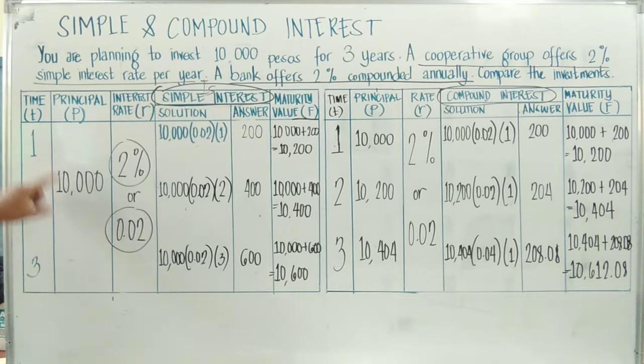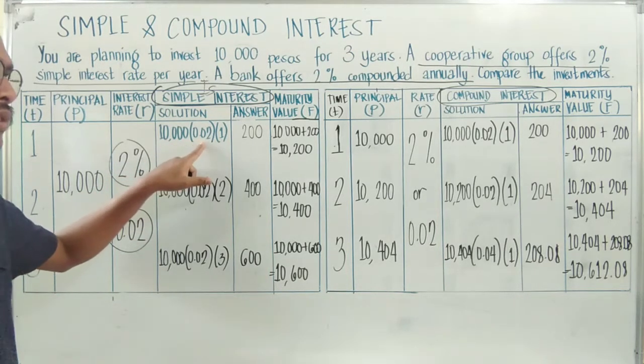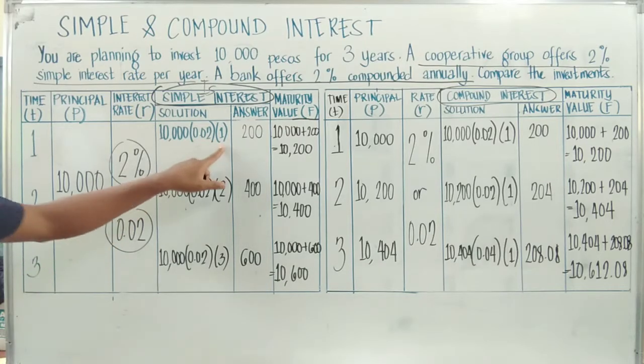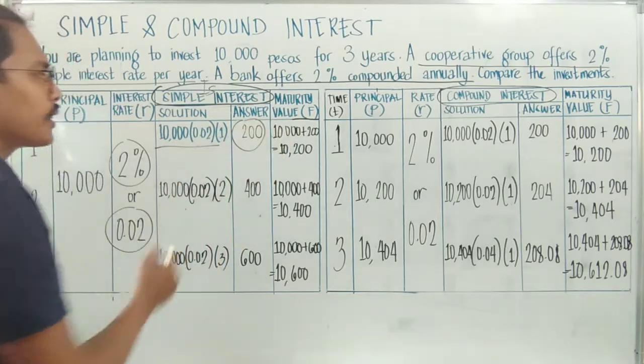So in the first year, we have 10,000 pesos at 2% interest rate. So let us multiply 10,000 by 2%, or 0.02, times 1. So 1 is the first year of investment. Multiplying these, we have 200.